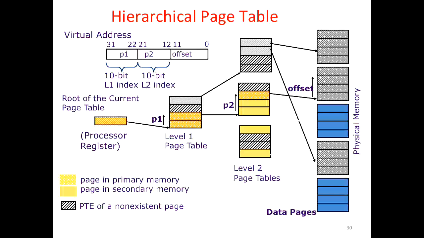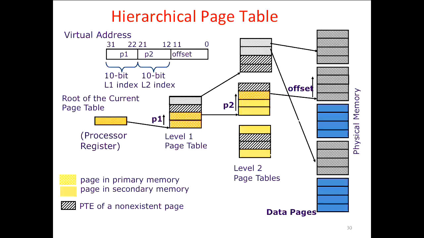And the idea is you have the page table base register inside the processor. This is the thing that the supervisor writes to tell it where the page tables are. That now points to a level 1 page table that in turn points to level 2 page tables. So you take the top 10 bits of the address and use those to index into the level 1 page table. That gives you the pointer to the base of the level 2 page table.